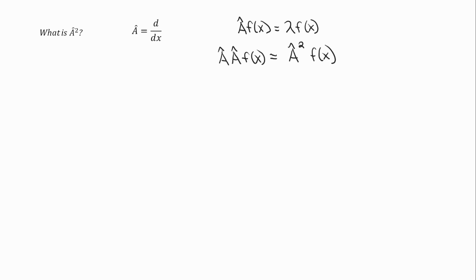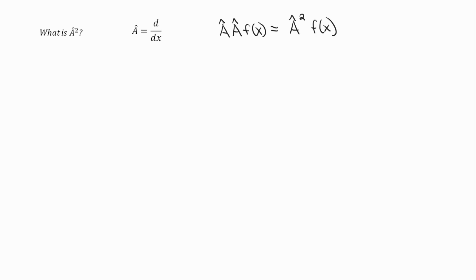So let's try to find it by using this formalism here on the bottom. So we know this is going to be true, and this is how we're going to end up finding it. So we're going to apply it once to our function and then apply it a second time. So we know our operator here is the first derivative with respect to x. So if we apply it twice to our function, we're just going to apply the first derivative twice, d over dx, applying onto our f of x.